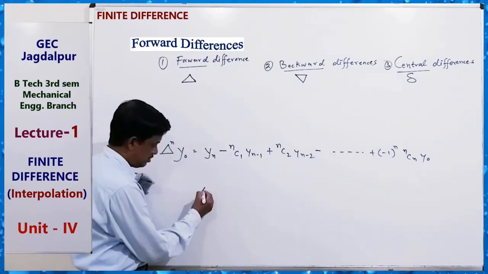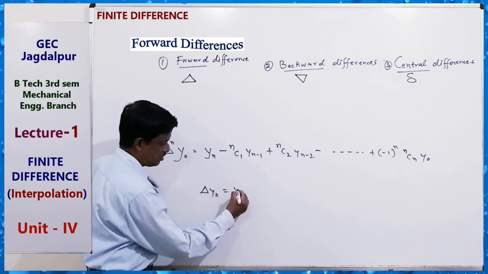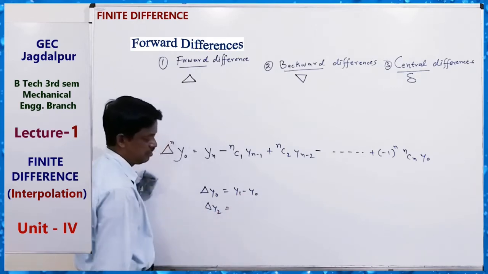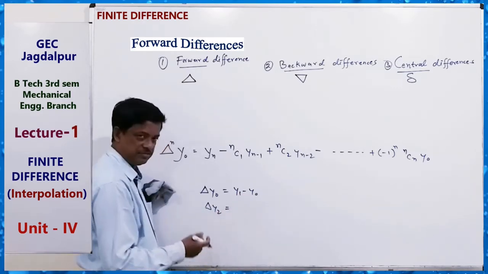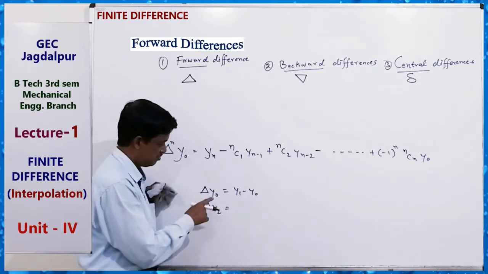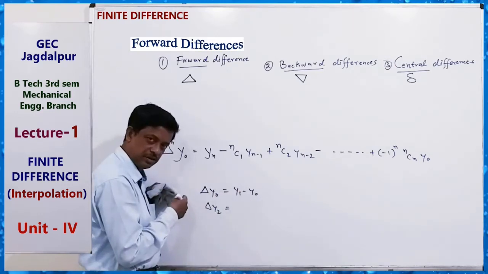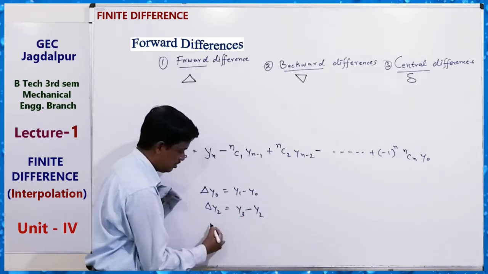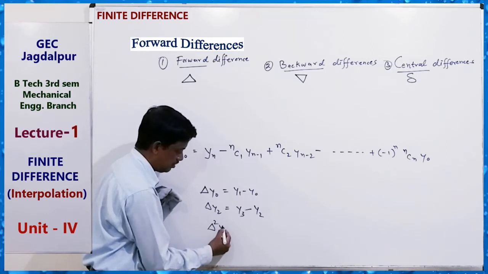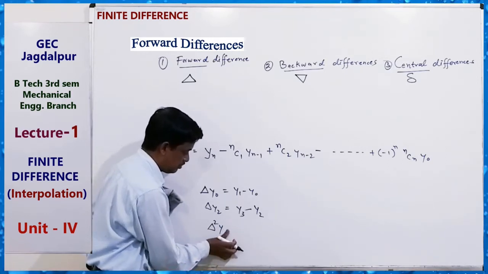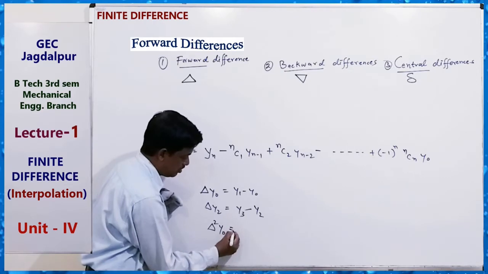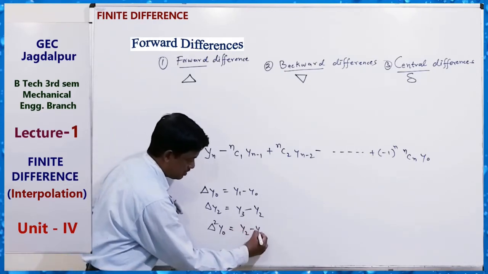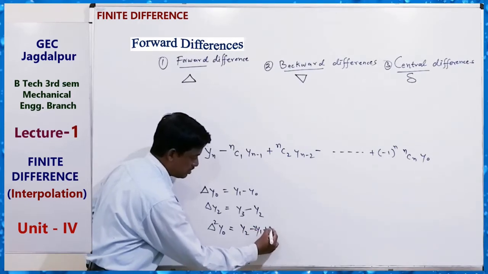Also remember, the first difference of y0 equals y1 minus y0. This starts from 0, and for y1 it starts from y1 minus y2. We know the second order difference of y0 is y2 minus 2 times y1 plus y0.